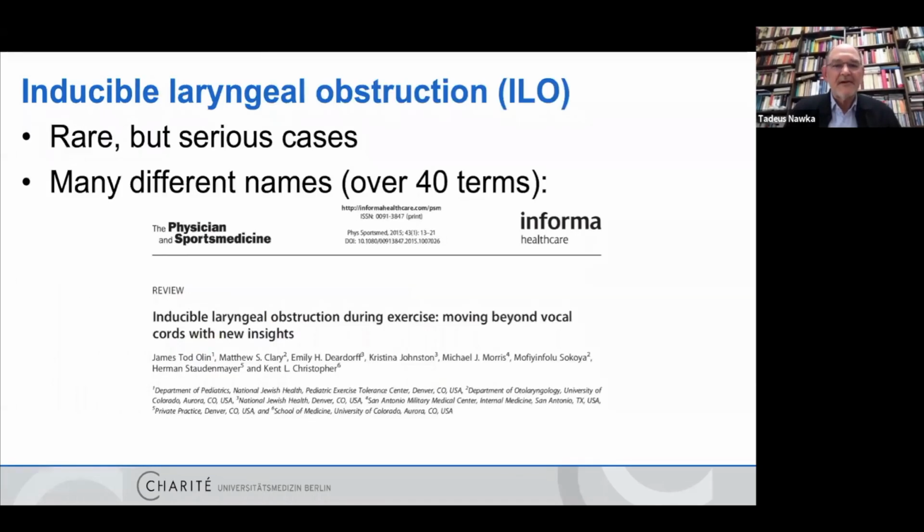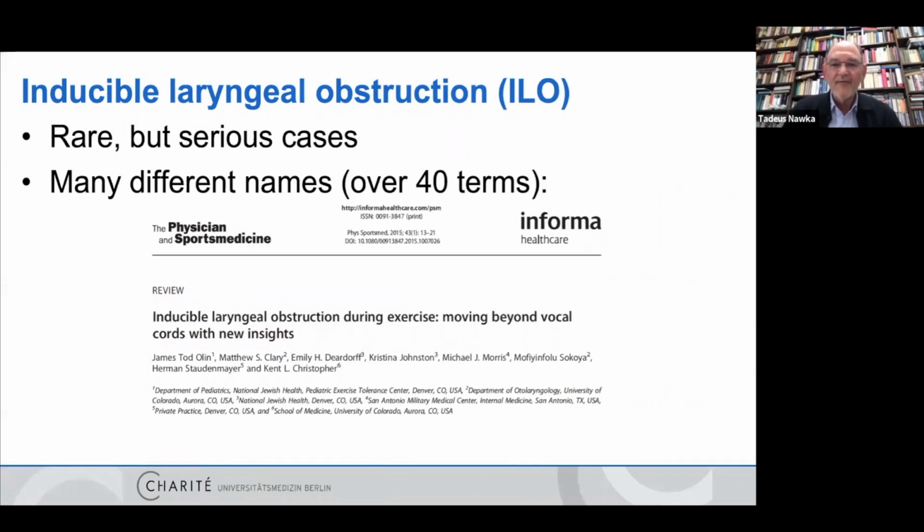The inducible laryngeal obstruction itself is a rare but serious case, and it's especially important in sports medicine, where they have observed it many times. And this inducible laryngeal obstruction has many different names.